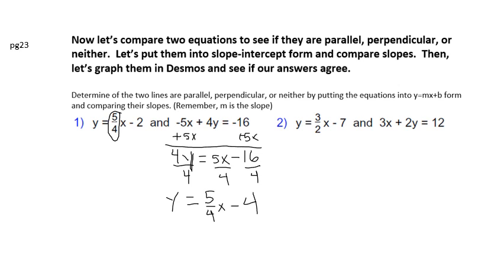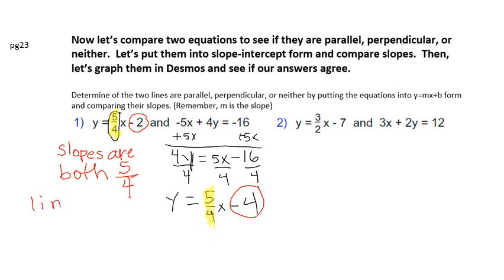So these are not the same exact line, because if you look here, the y-intercept is -2, and this is a y-intercept of -4. However, if we highlight, and I am going to take a minute and grab my highlighter, the slopes and compare them, we can see that both slopes are 5/4. And since the slopes are the same, you write that here, slopes are both 5/4. So the lines are parallel.